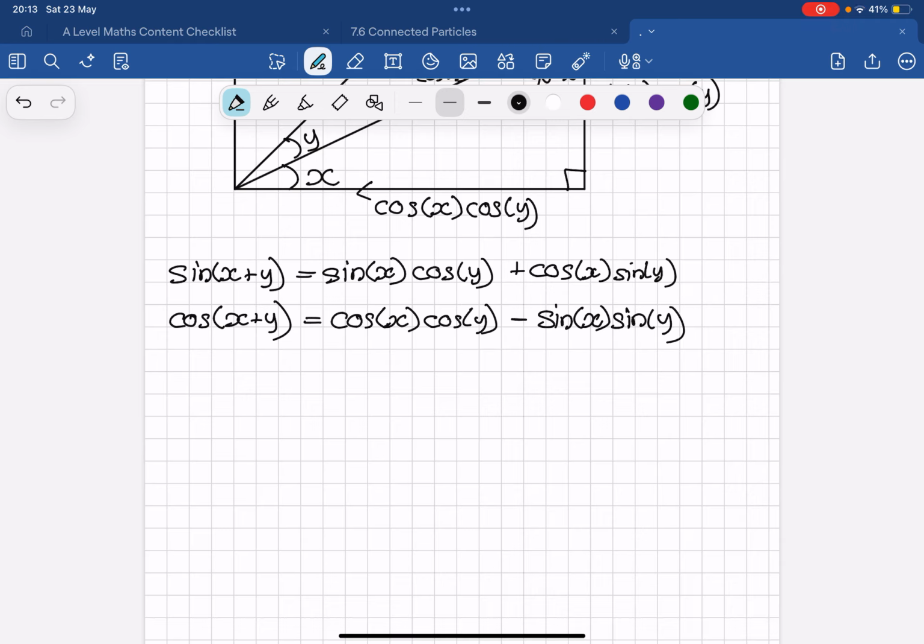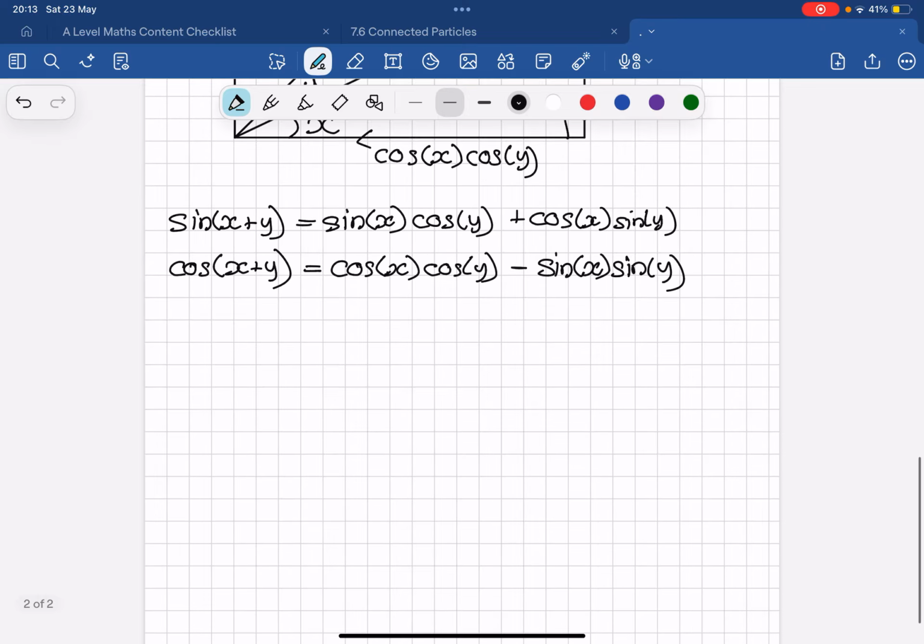Now what about a subtraction one? So when we have sine x minus y, we sort of let y equal minus y.